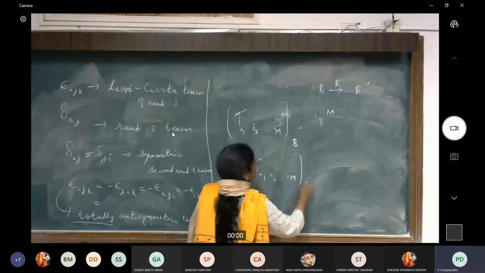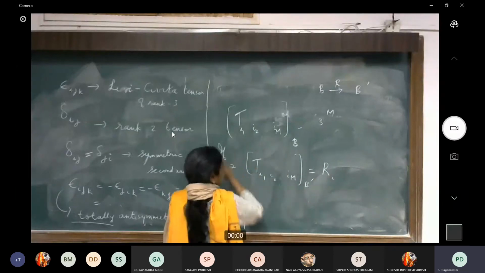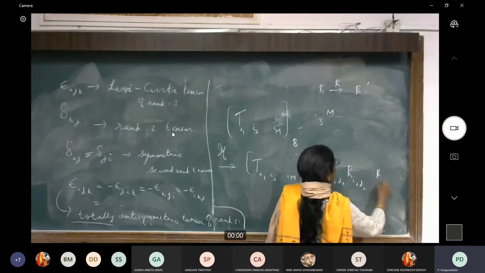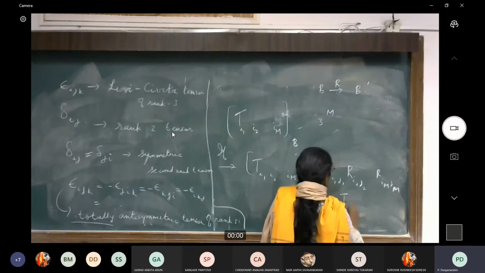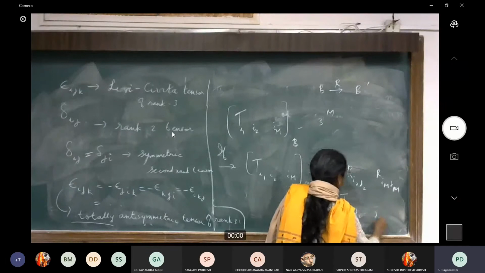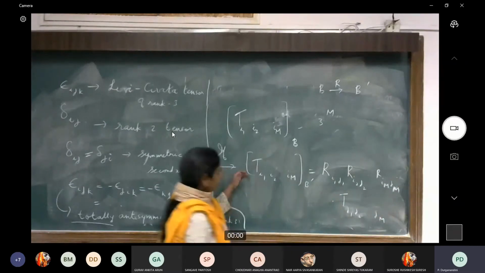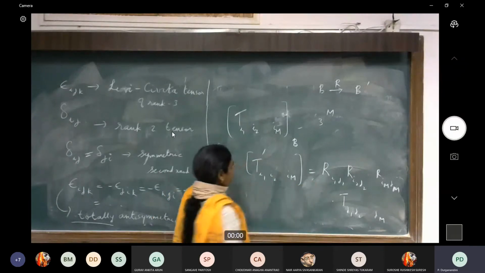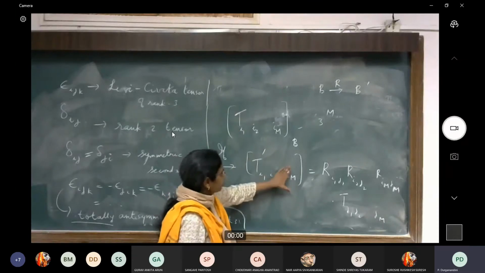Now with respect to B prime, what we found is that if this is satisfied, if with respect to B prime, so this I'm now calling T prime, the components of this object T with respect to the basis B prime.